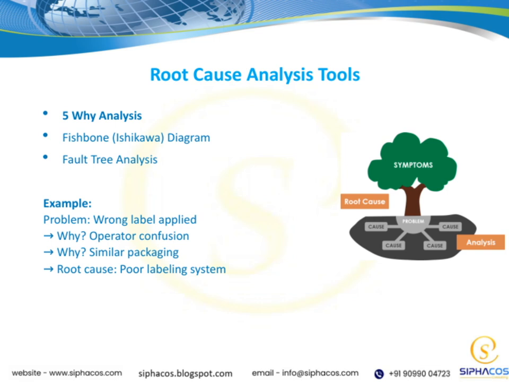Then, why operator confusion? Possibly due to similar packaging. And that leads us to the root cause, a poor labeling system. By applying these tools, we can identify the root cause more effectively, which is essential for developing targeted solutions. This approach aligns with our overall goal of continuous improvement and quality management.